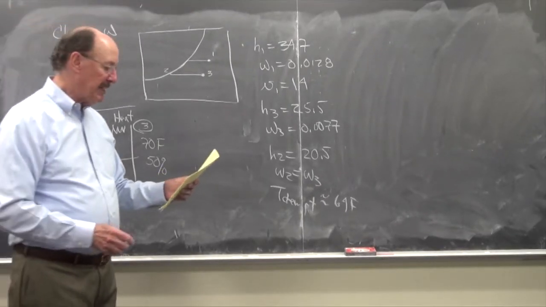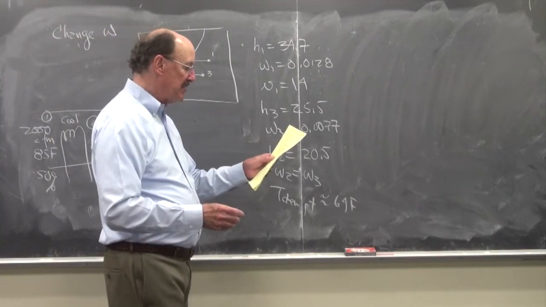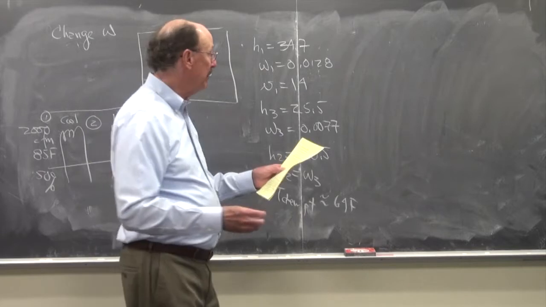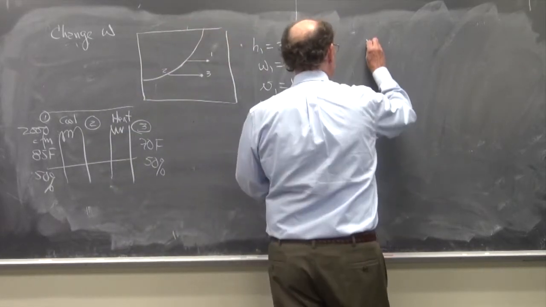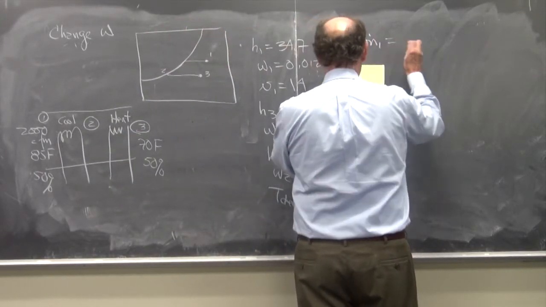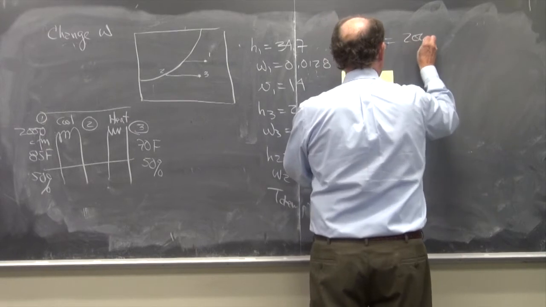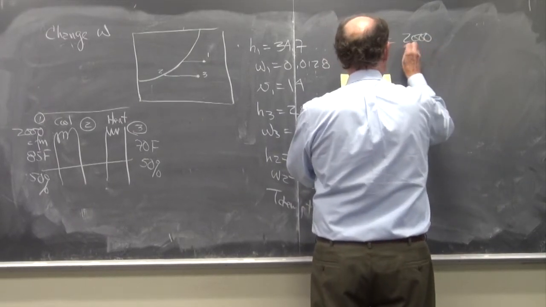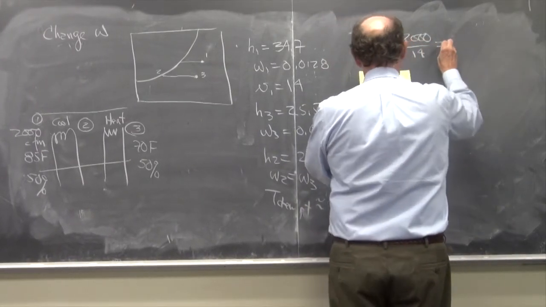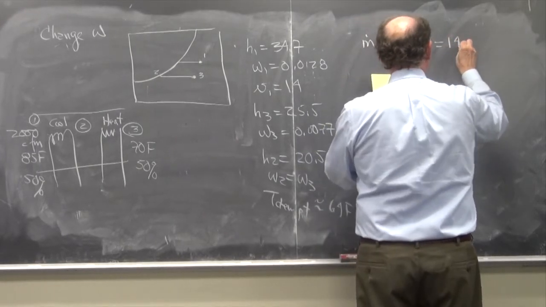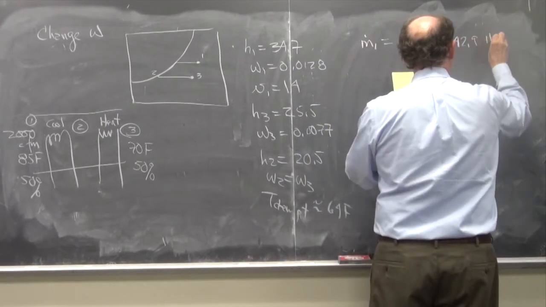And now let's start the calculations, and we'll find the mass flow rate rather than volume flow rate. The mass flow rate at state 1, and the mass flow rate stays constant, is 2,000 cubic feet per minute divided by 14, which is equal to 142.9 pounds mass per minute.